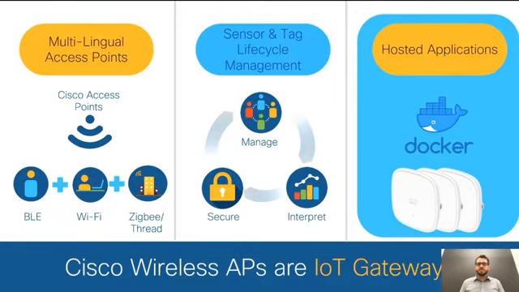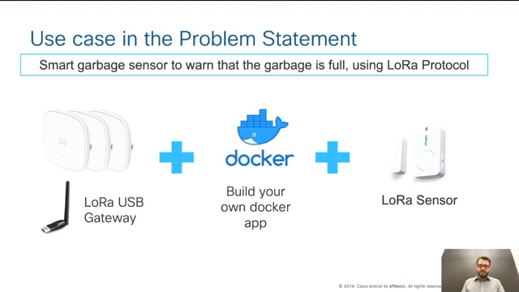Let me give you one example that hopefully is going to make things a little bit clearer. Let's go. So this is our use case and the problem statement. We gave you this example: a smart garbage sensor to warn that the garbage is full using the LoRa protocol.